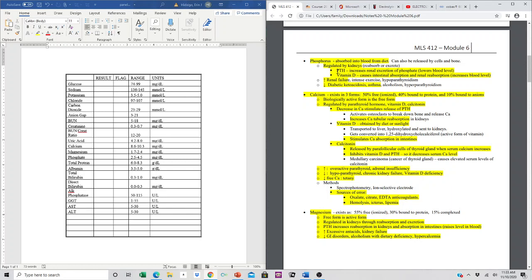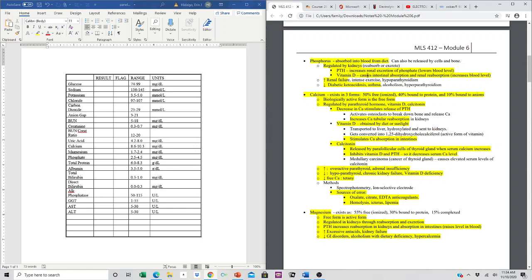PTH, which is parathyroid hormone, from the hormone section from the last module, will increase renal excretion of the phosphate, which is the molecular form of the element phosphorus, which will then lower the blood level because it's being excreted in the urine.